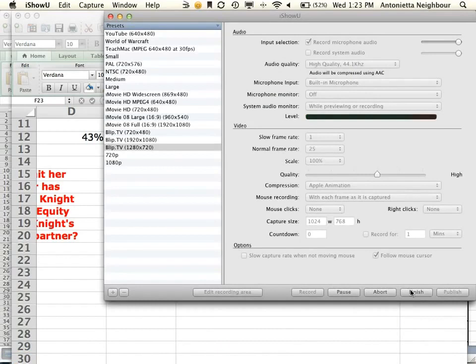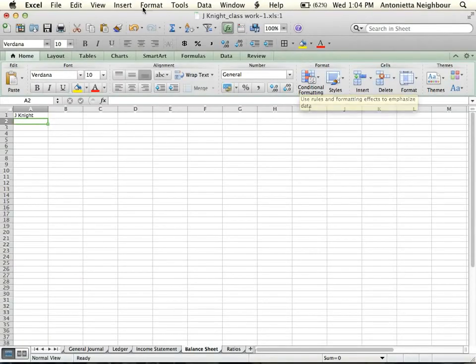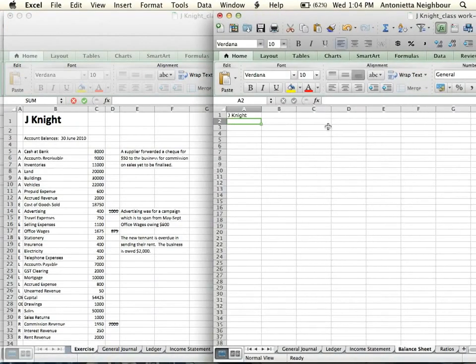So once again, we start with the business name. So let's bring that across from the exercise. Use a formula wherever possible so that you're basically having to type less. Identify the name of the statement, and in this case it's the balance sheet. And the date line then is as at 30 June 2000.